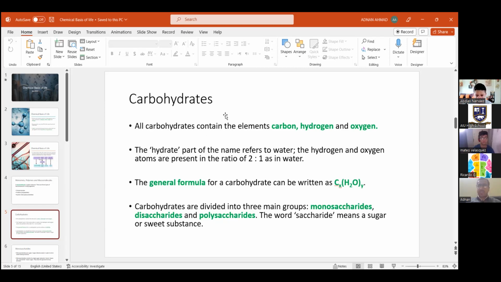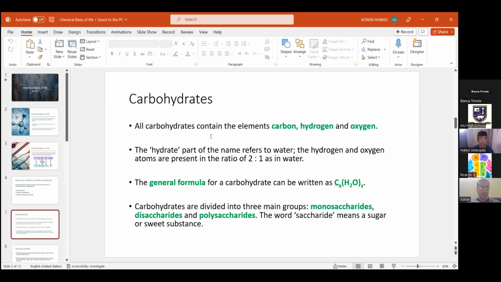You may not have heard of carbohydrates before, but you guys must like sweet things, candies, and all kinds of sweet stuff. The sweet stuff that you eat is chemically a carbohydrate. When you eat rice, potatoes, corn, pancakes, all of these consumables contain carbohydrates because they taste sweet.